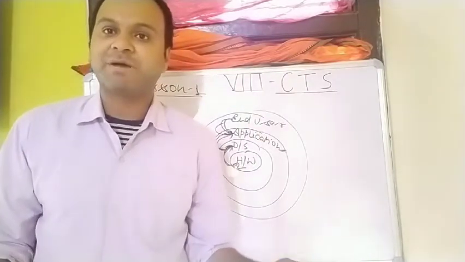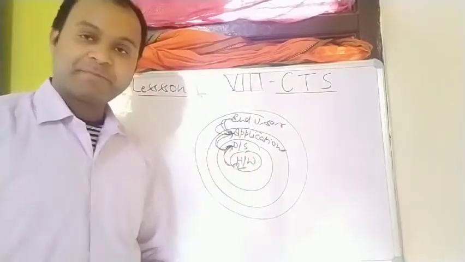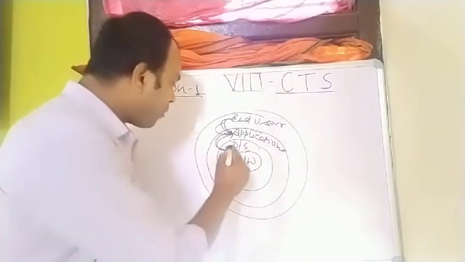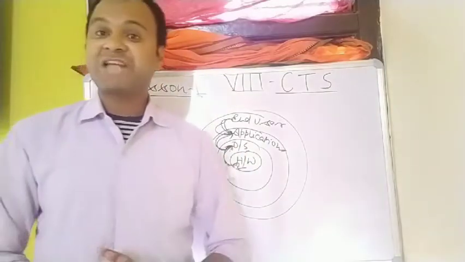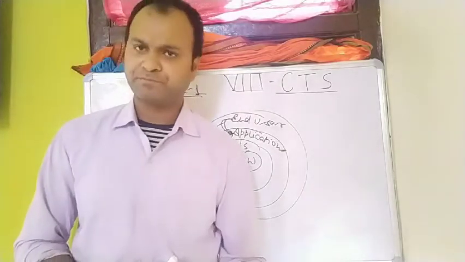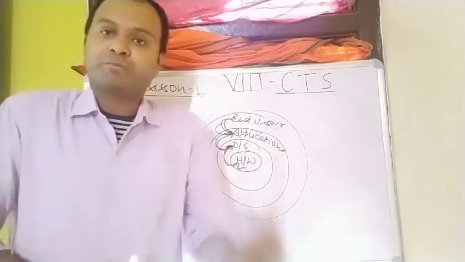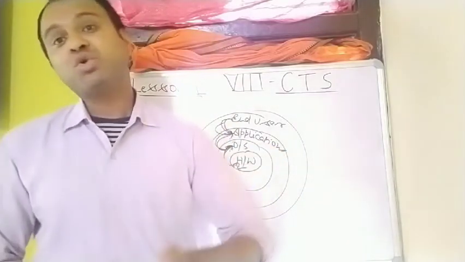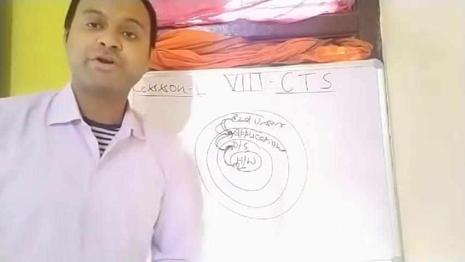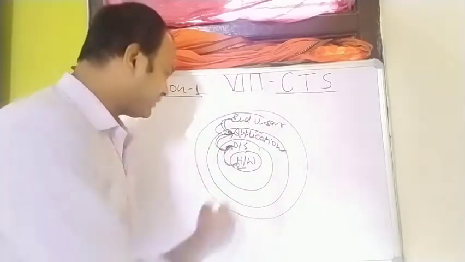Everything is administered by the principal. Just like that, your operating system also manages everything which happens in your computer system. Everything, whether it is input devices, output devices, how to process, how to store the data, in which order we need to process the data, each and everything is managed by the operating system.